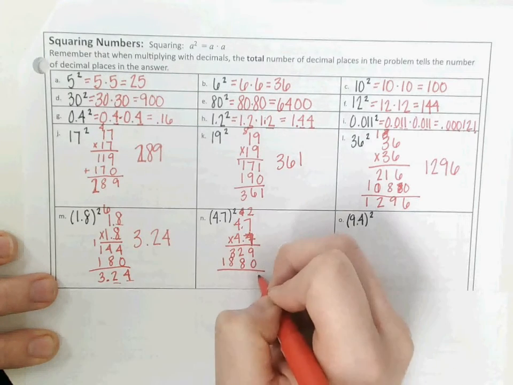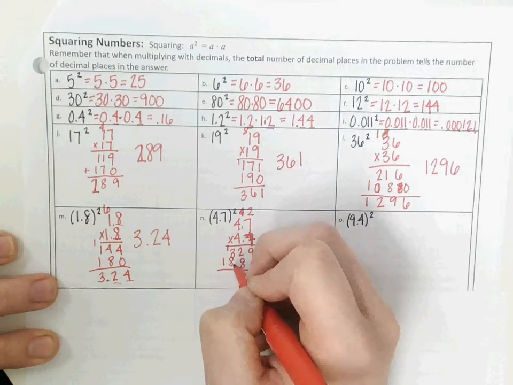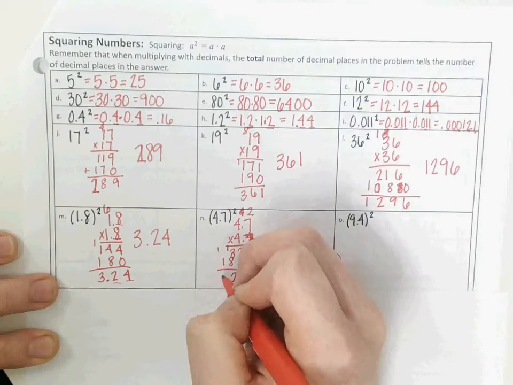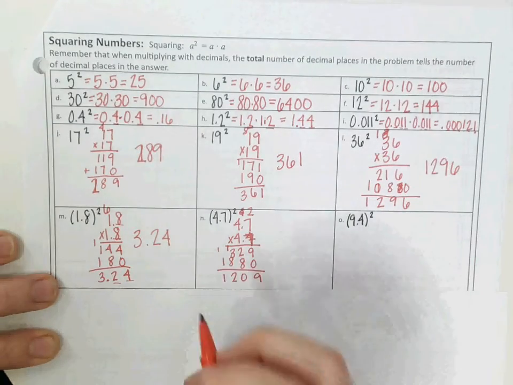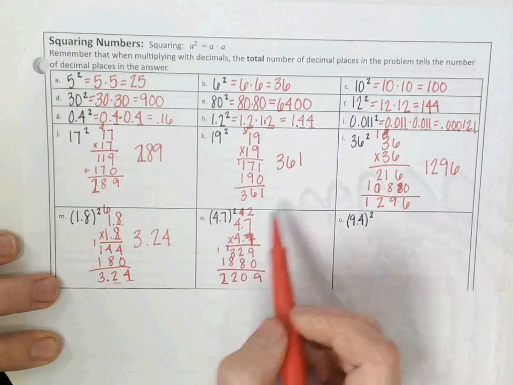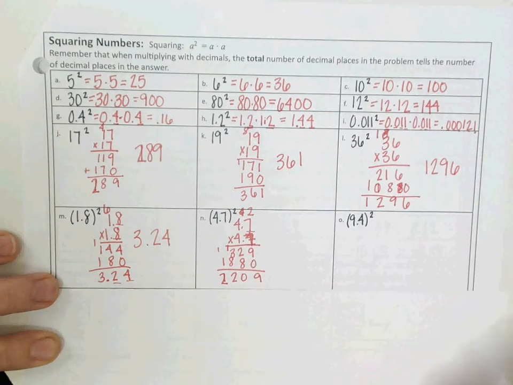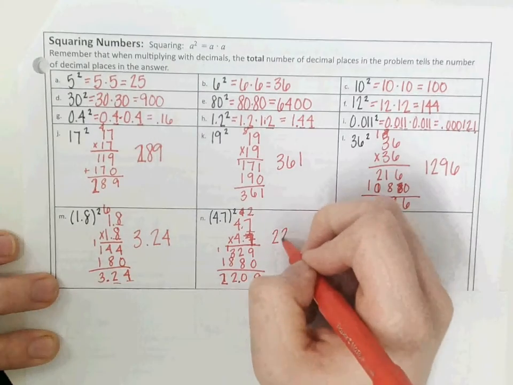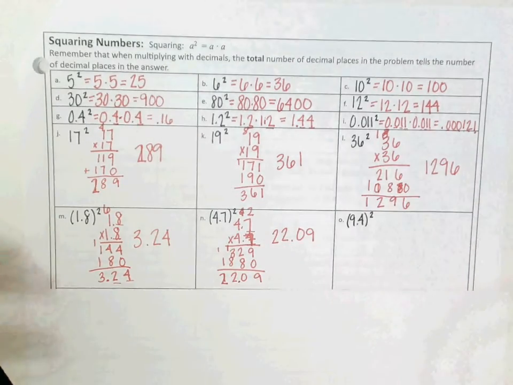And then we add. Oh my goodness, I apparently cannot add today. Okay, so we get this number here, and then we notice we have 2 numbers after our decimal place, so I need 2 numbers after my decimal place here. So we get 22.09.